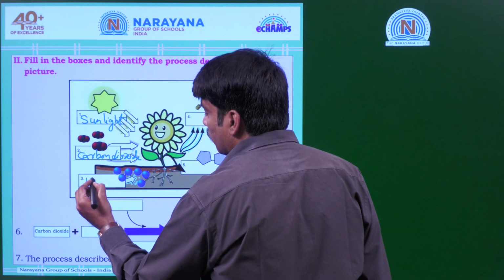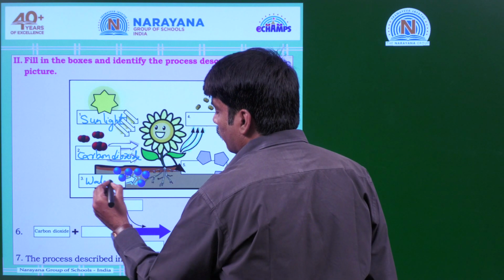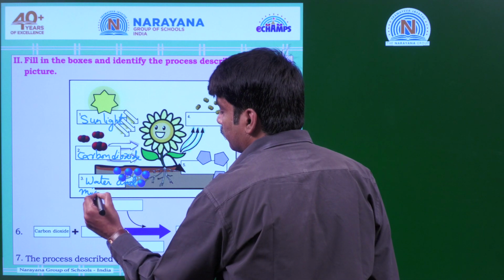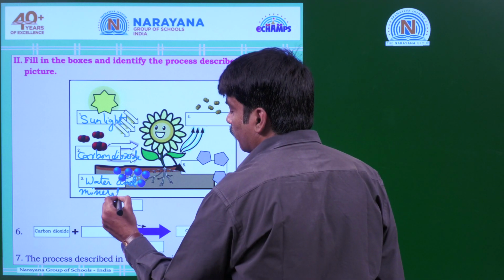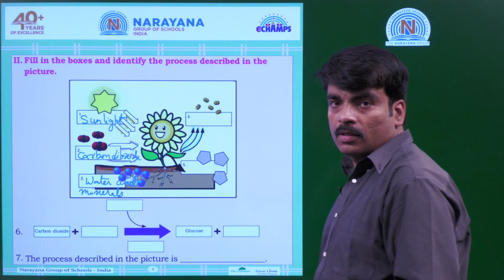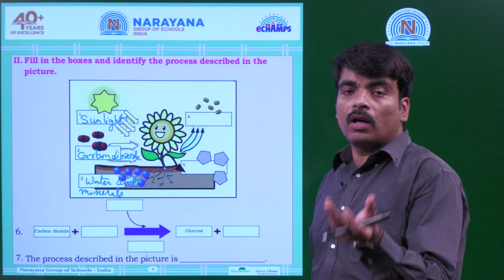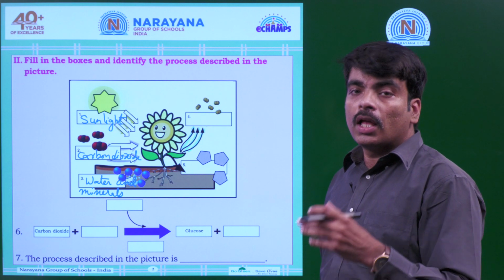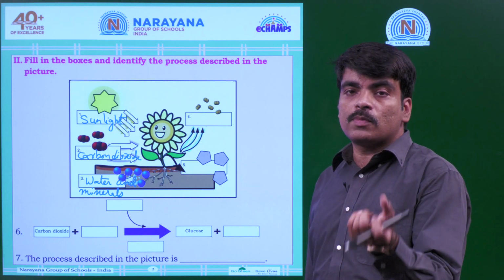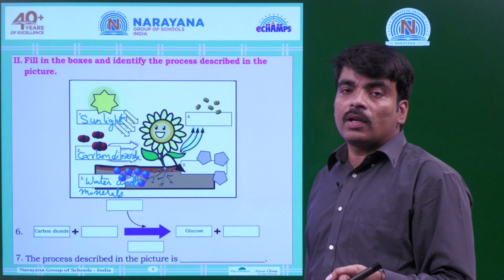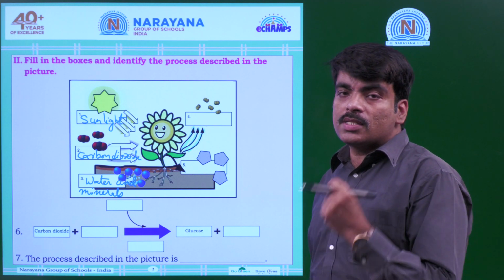Where will all these go in the plant? Which part will receive all those things? In the leaf. The leaf will absorb sunlight, it will absorb carbon dioxide, and it will receive the water and minerals from the soil through the stem.